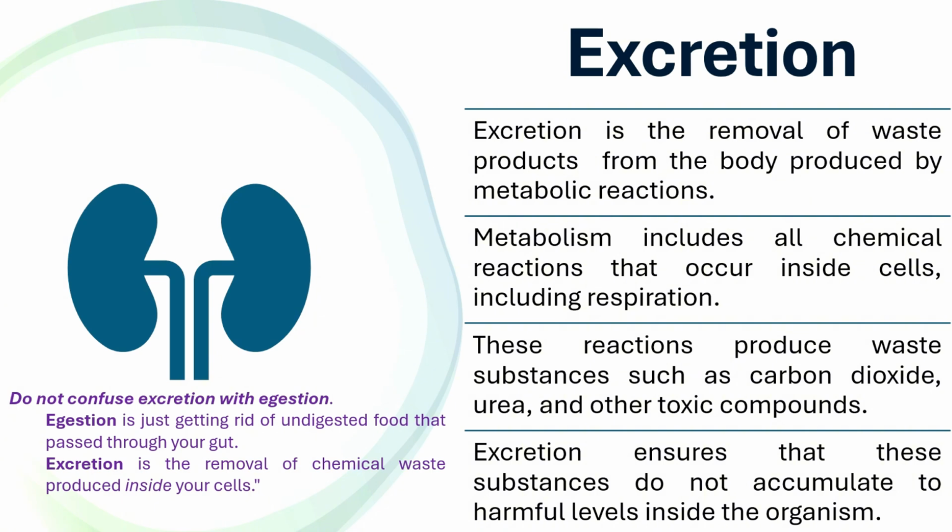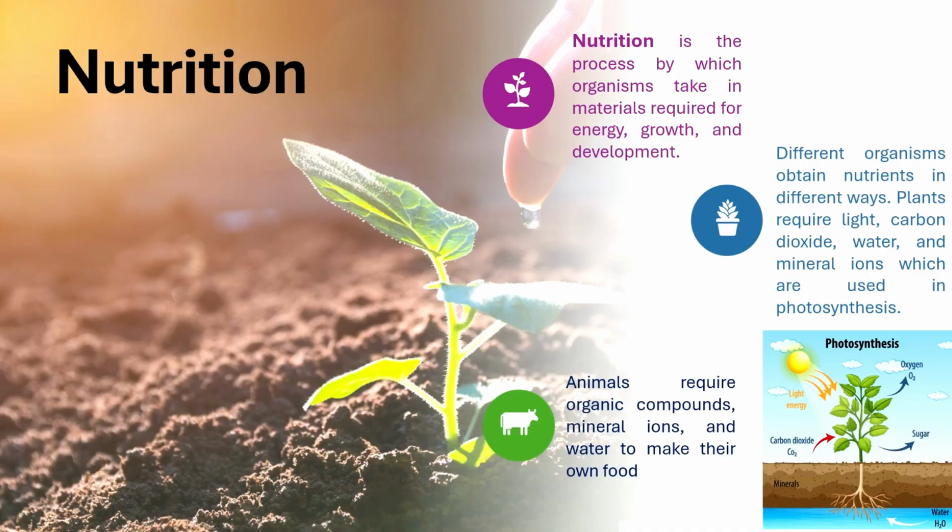But to keep those cellular factories running in the first place, we need raw materials. That brings us to our final letter N, that is nutrition. Remember, if respiration is the power plant, then nutrition is the delivery of the raw fuel.